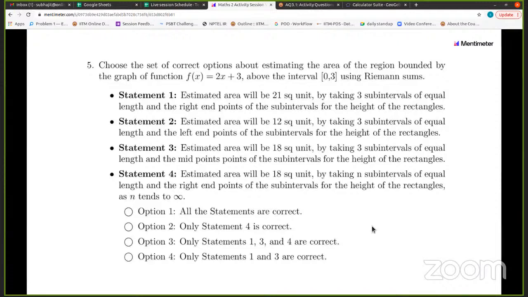Okay, so option 1 is saying all the statements are correct. Option 2 is saying only statement 4 is correct. Option 3, only 1, 3 and 4 are correct. Option 4, only 1 and 3 are correct. So can someone explain it?